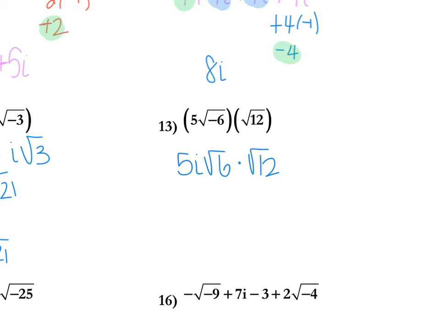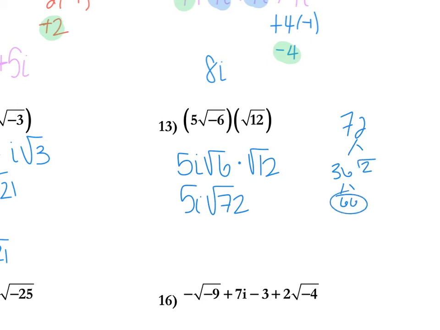Now you can multiply these together first, or you can simplify them. Let's just say you multiply them together, so that's going to be 72. Do a little side work. So I can take a 6 out, and I'm left with 2. So 5i times 6 root 2. So 30i root 2.